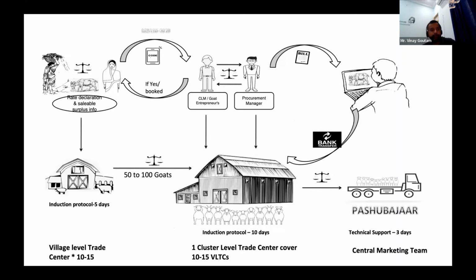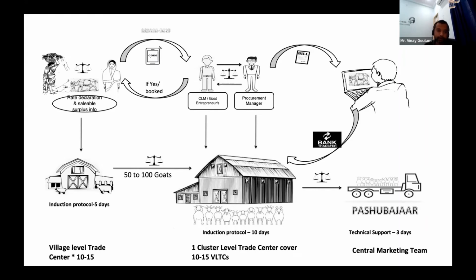So this is our working model. When we provided the rate chart to Pashu Sakhi, Pashu Sakhi started doing the rate declaration on a daily basis. They go to the village and declare the price of the goat for the goat farmer.